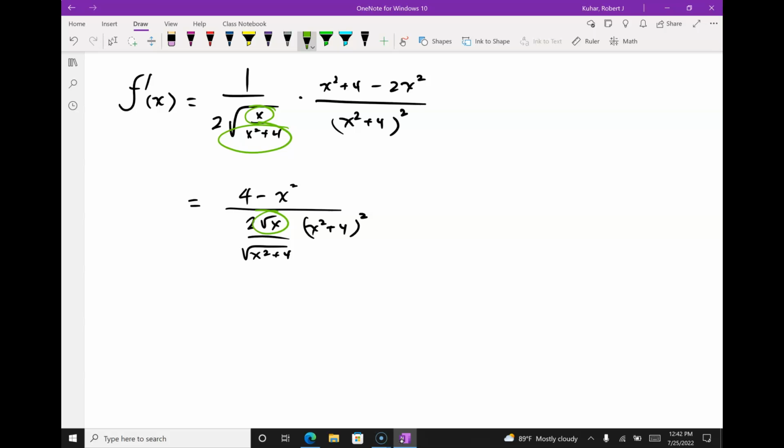And why did I do that? Because I can simplify this, right? I could cancel this into, so 3 halves. So 4 minus x squared over 2 times x squared plus 4 to the 3 halves power times the square root of x.